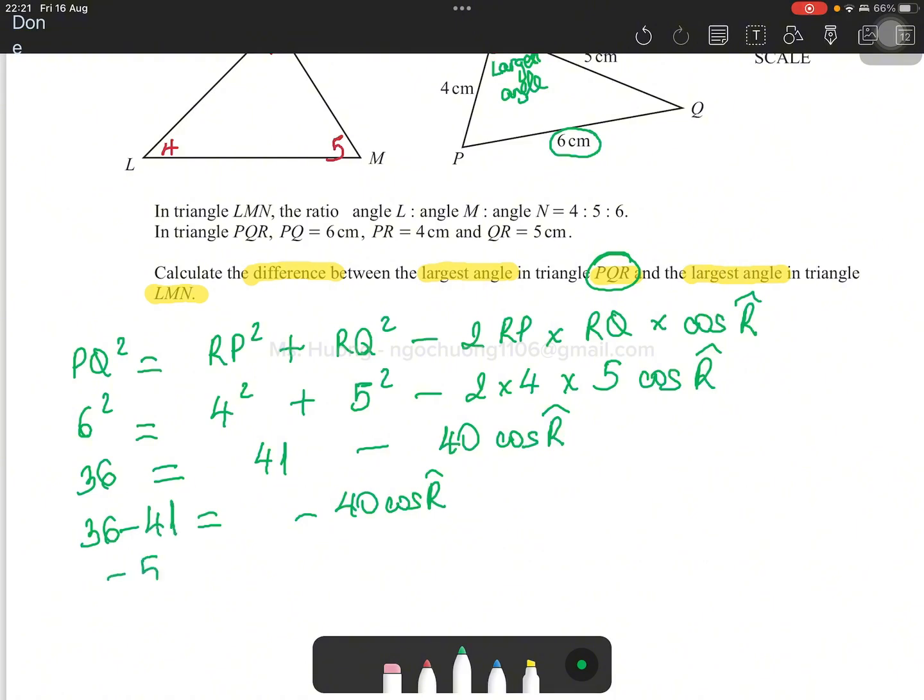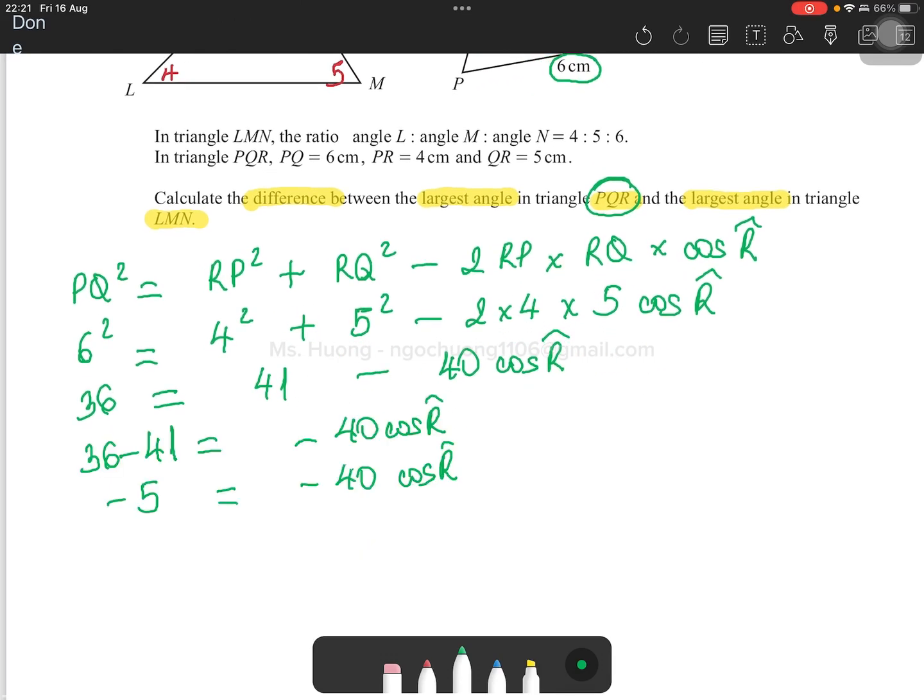So this is negative 5 equals negative 40 cos R. This means cos of R is equal to negative 5 over negative 40, which is 1/8.